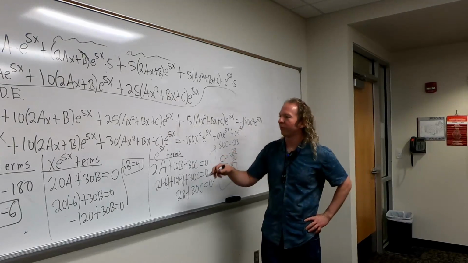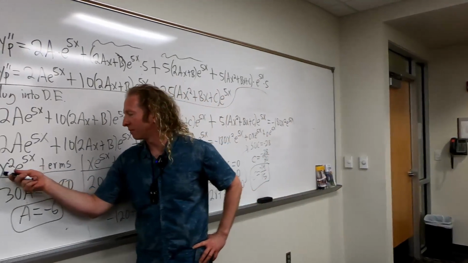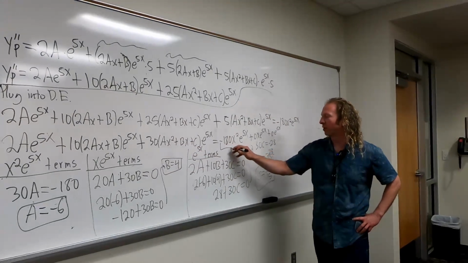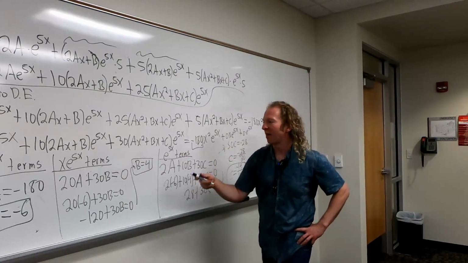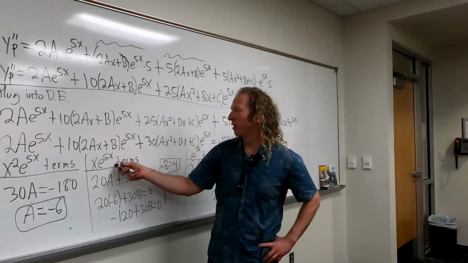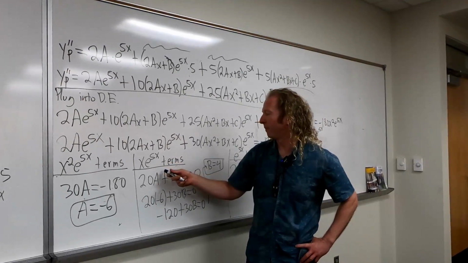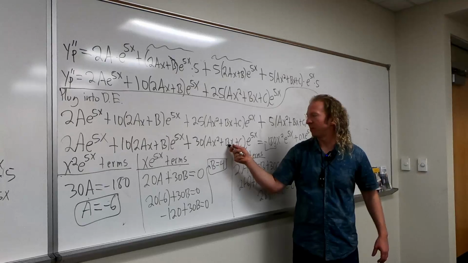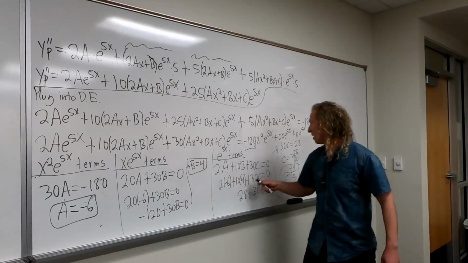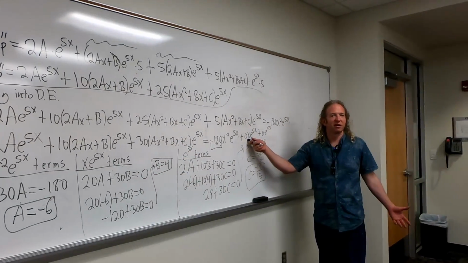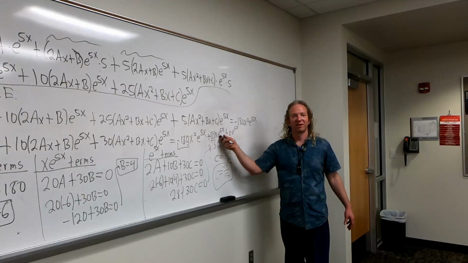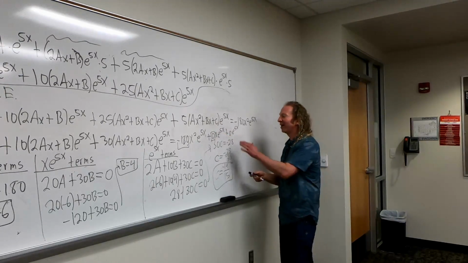When you're looking for these, you just get the 30a, and then you get the -180. And then when you're looking for these, you get 20a and then 30b x, and then equal to 0 because it's not there. Do you see the 0 in front of it?